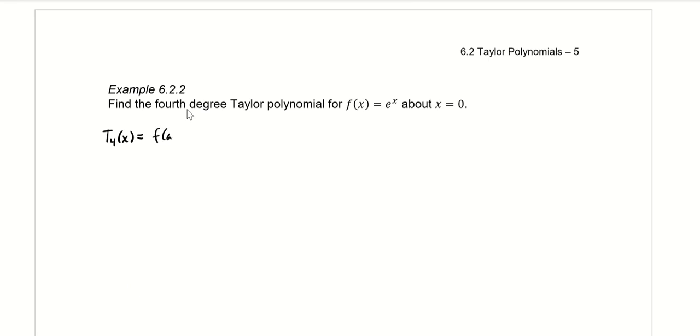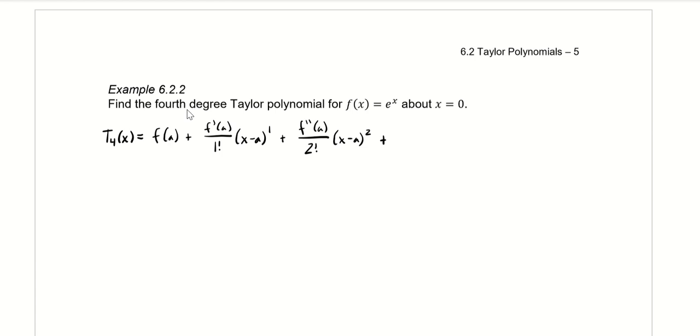This is f of a, plus the first derivative at a over 1 factorial times x minus a to the 1, plus everything involving 2, the second derivative at a over 2 factorial times x minus a squared.